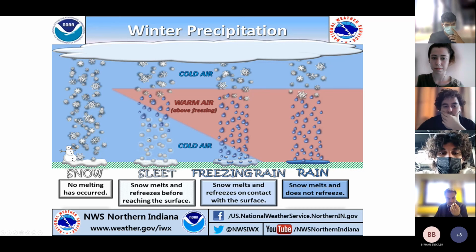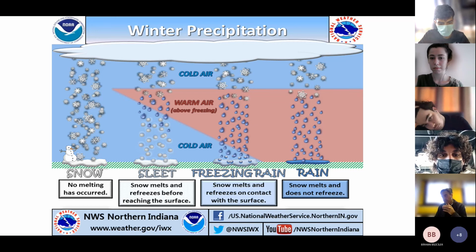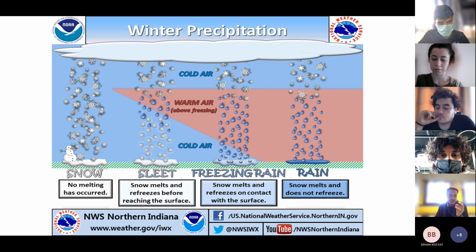But when they arrive near the earth, they see very cold air again, with temperature definitely below freezing. What will happen? Water drops will freeze and come to the ground. Such frozen drops are called sleet.